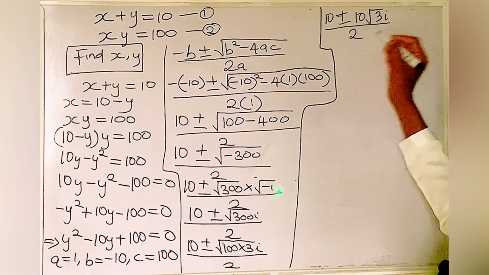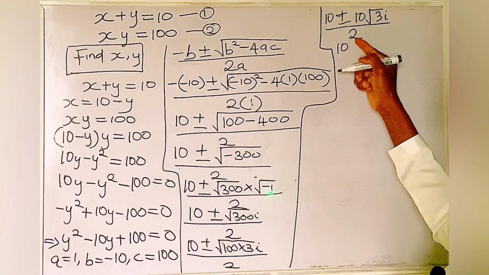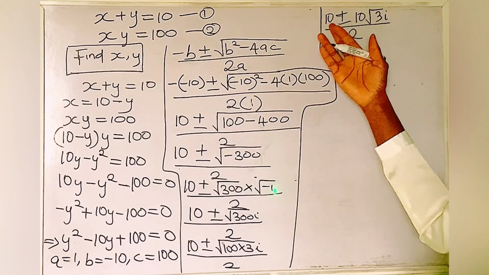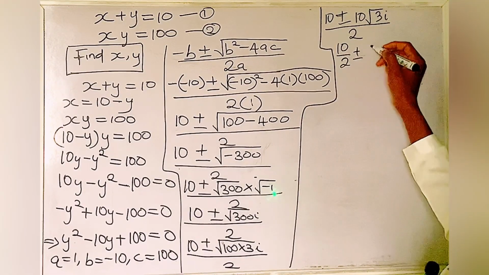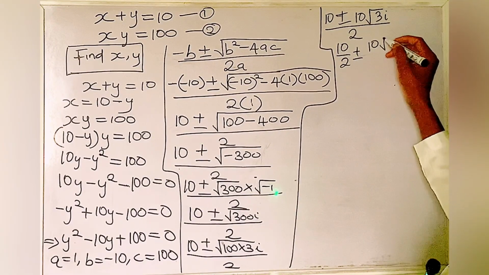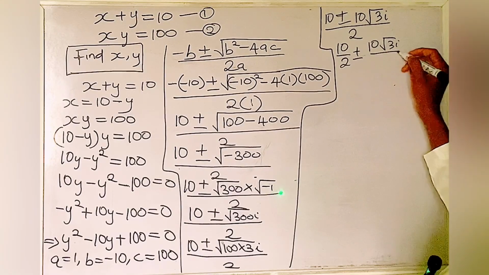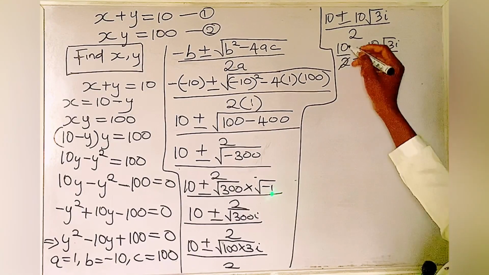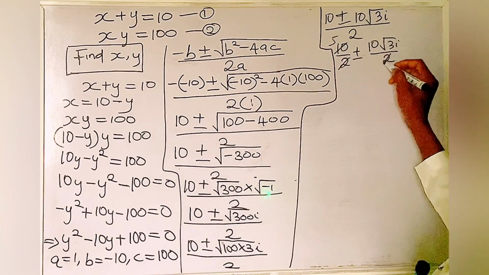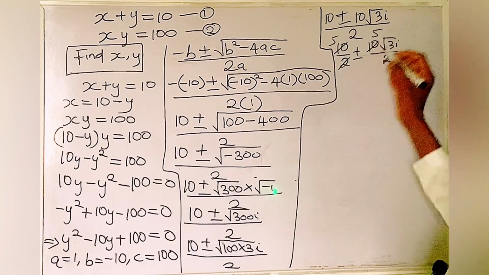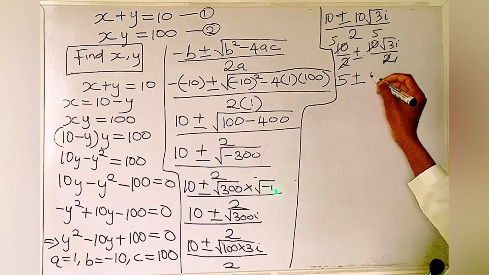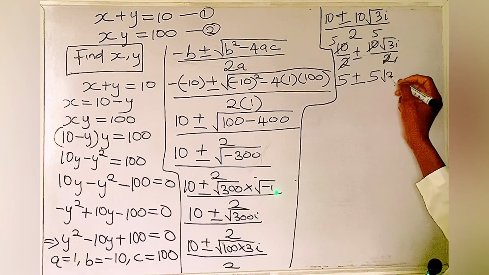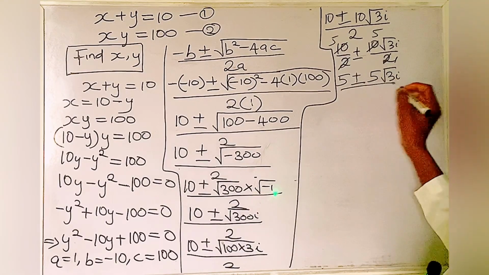Okay, so you can just make this as 10 over 2 plus or minus 10 root 3i over 2, since this is going to cover for both sides. 2 here 1, 2 here 5, 2 here 1, 2 here 5. So we have 5 plus or minus 5 root 3i.